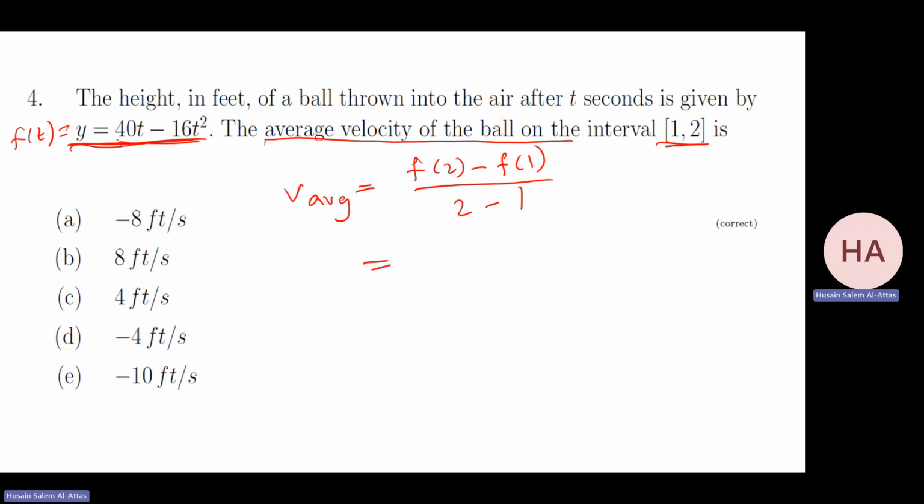F at 2, yeah, it will be 80 minus 16 times 4 minus f at 1. I'm trying to be careful in the calculation. 40 minus 16 over 1. And that will be what?